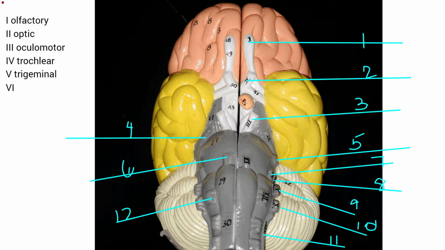And then 6 is abducens. And then 7 is facial. And then 8 can be presented this way, or a V with 3 lines after it. And so then 8 is vestibular cochlear.